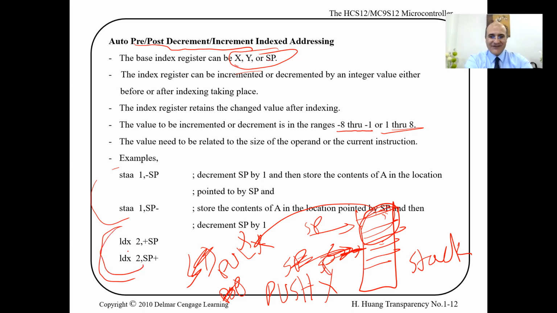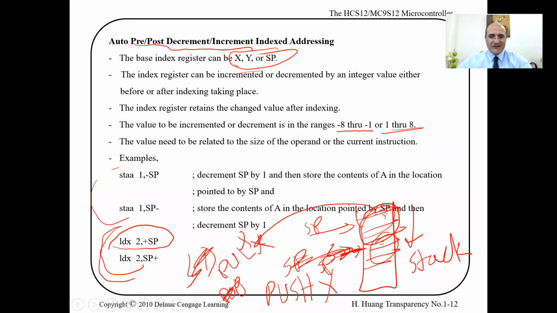So this instruction, load X with 2 comma plus stack pointer, pre-increment stack pointer by 2, then load. Increment means go down, right? Go down, then load. You load this. Pre-increment. This is a post increment. After you're done, you post increment.